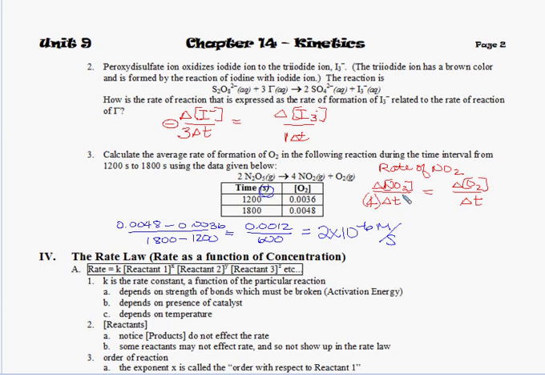So if I wanted this rate, notice I would take the oxygen's rate and substitute in 2 times 10 to the negative 6th, and again, that would be molarity per second. And then because I would want the change in NO2 over the change in time, we would multiply that by 4. So we would end up with 8 times 10 to the negative 6th molarity per second as our NO2 rate.